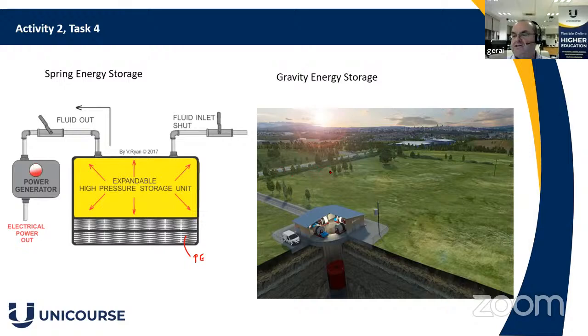Another potential energy storage scheme is what they call gravity energy storage. And that relies on a mass down an old mine shaft generally. So you have a heavy mass. And what you do again is when the electricity price is low, you wind this mass up using an electric motor.